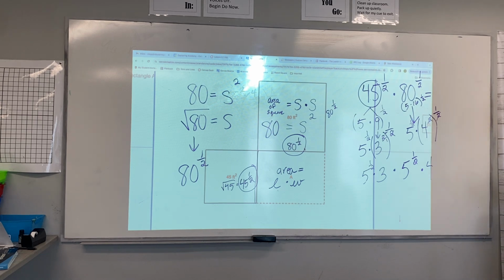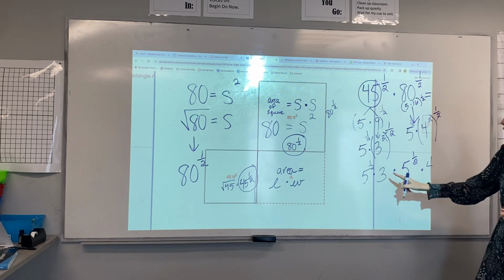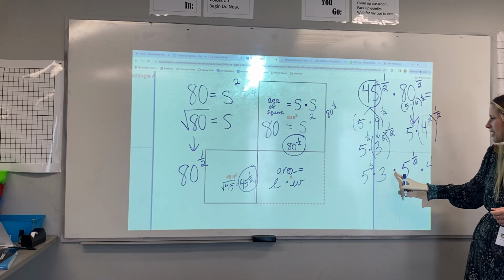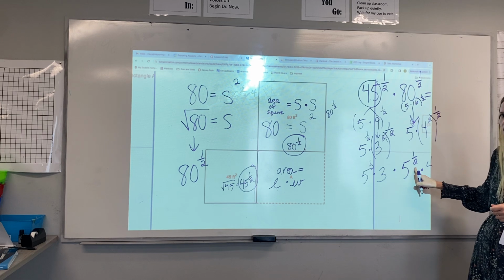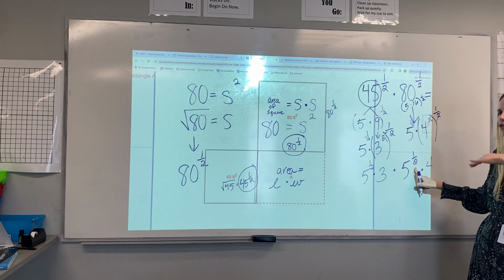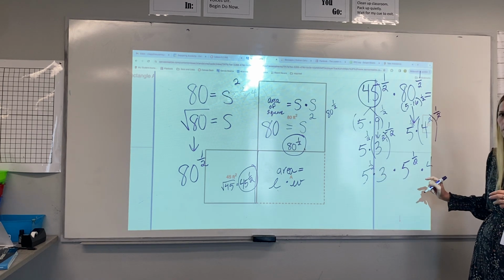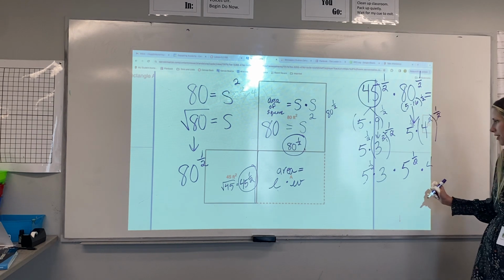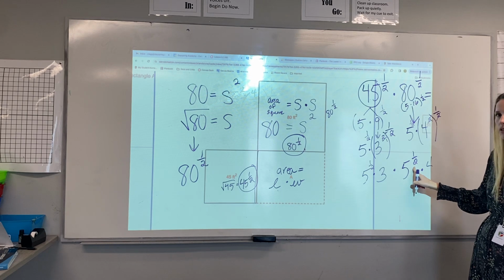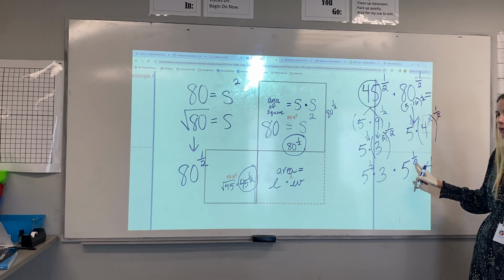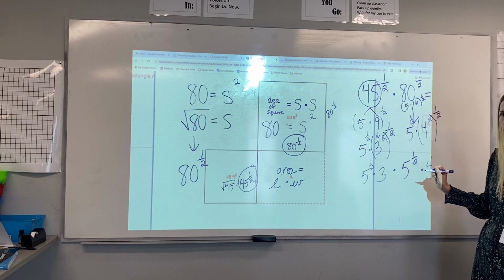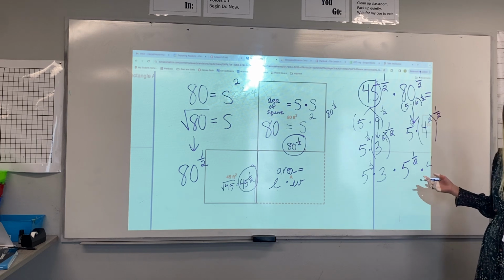This is really tricky. Now, what's 5 to the 1/2 times 5 to the 1/2? It doesn't cancel. 5 to the 1/2 over 5 to the 1/2 would cancel. What would we do with our exponents here? Add them. What's 1/2 and 1/2? 1. So it would be 5 to the 1 power, which is 5.